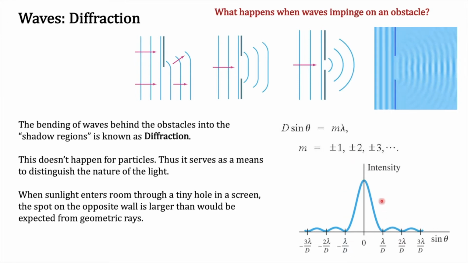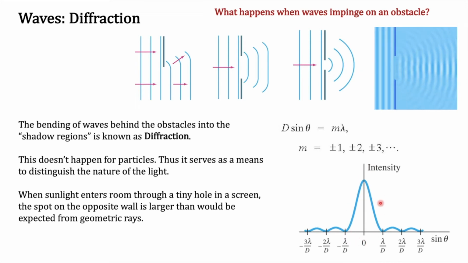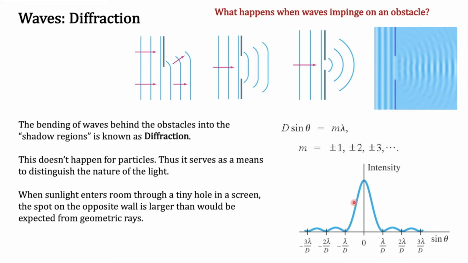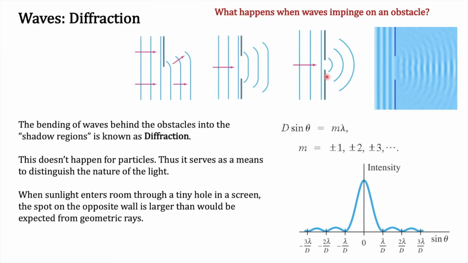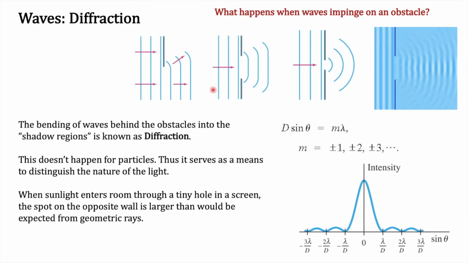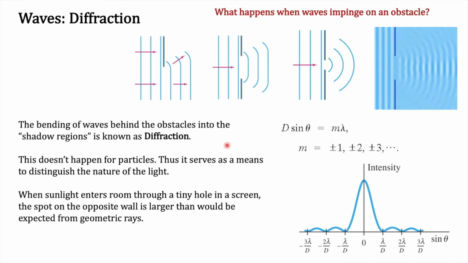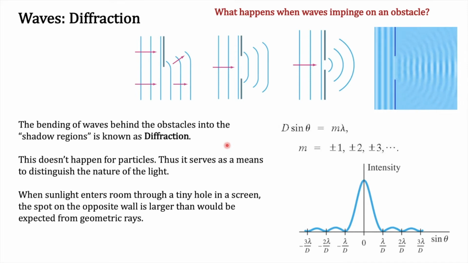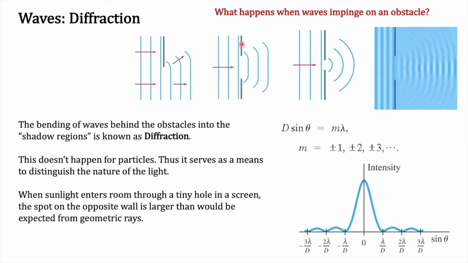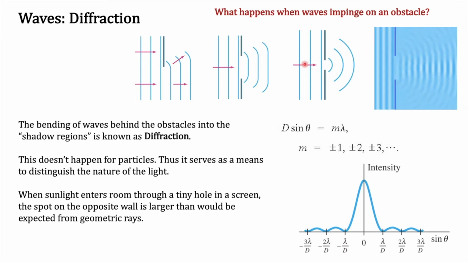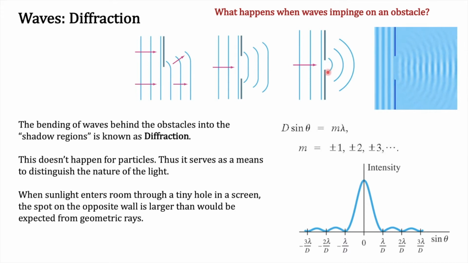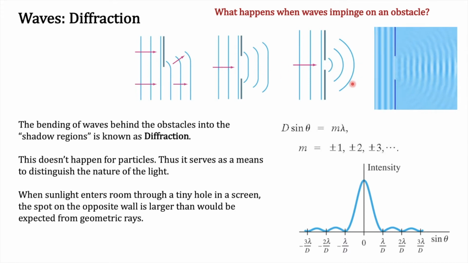Here the central bright fringe is very prominent in single slit diffraction, where m is equal to 0. Similar principle applies again. Diffraction is the bending of the waves behind obstacles in these shadow regions here. This is basically what diffraction is. And if you decrease the slit width here, that diffraction is more prominent.